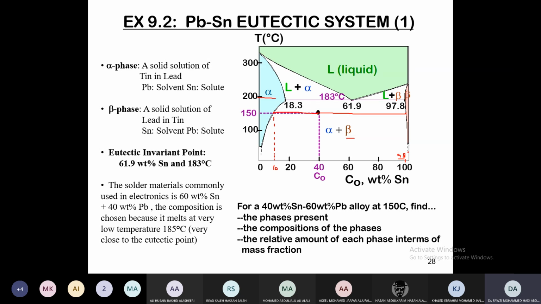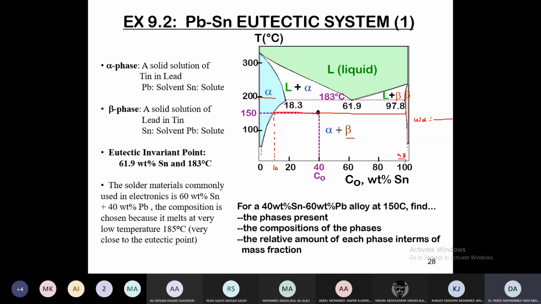What is the proportion of each phase? We use the lever rule, and to use the lever rule, we say weight percentage of alpha, for example, if you wanted the alpha phase first. What is the lever rule here? This is the alpha phase, and that is the line, the segments of the tie line that we want to look at.